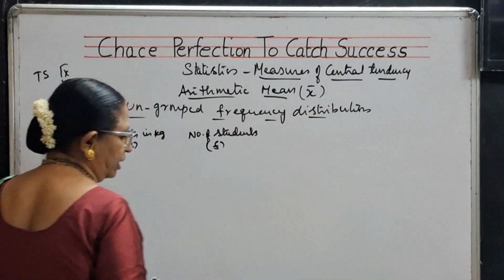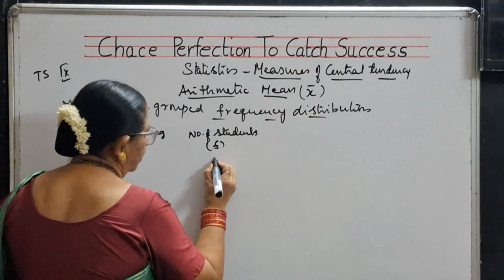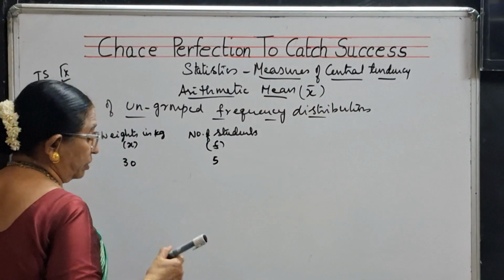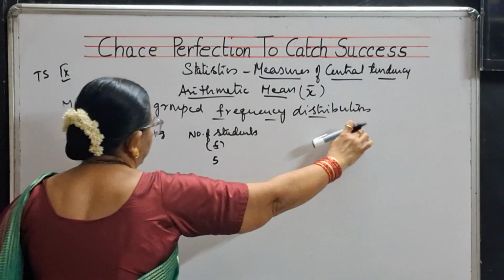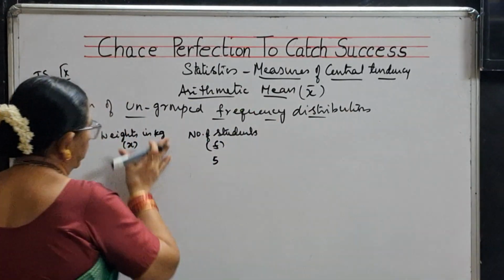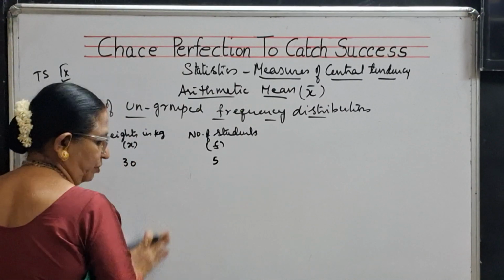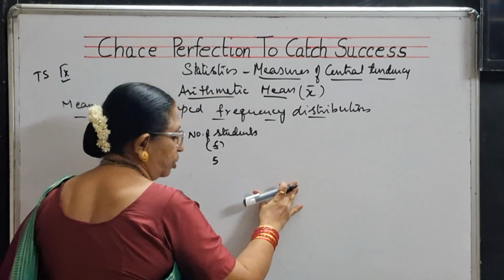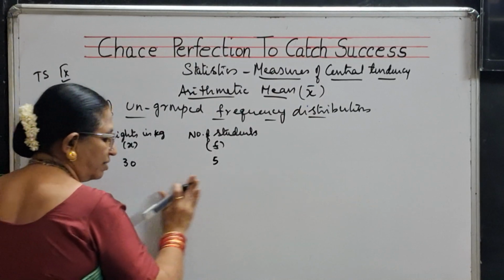So what are the values they have given? This is 30 and 5. Please observe the textbook also, children. They have given x values like this, f values like this, but I made them write in this way because our problem should be done in this way only. So please open the textbook, then you will understand this sum.